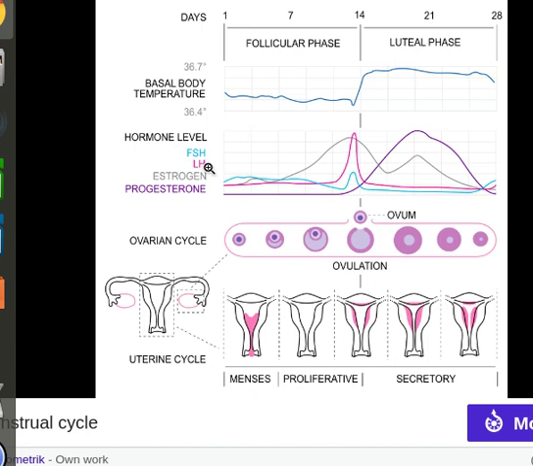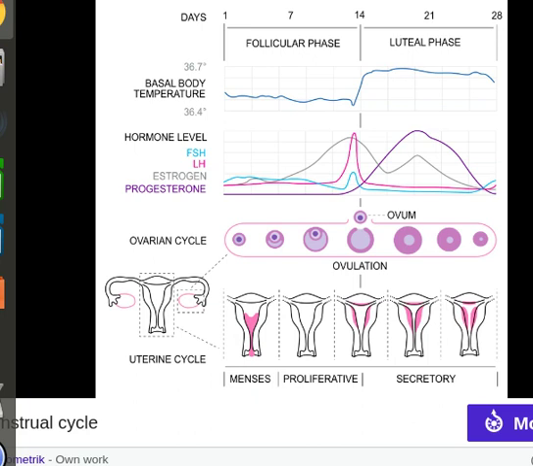So these two are produced in the pituitary gland, and the other two are produced in the ovaries, estrogen and progesterone, because these influence those two.